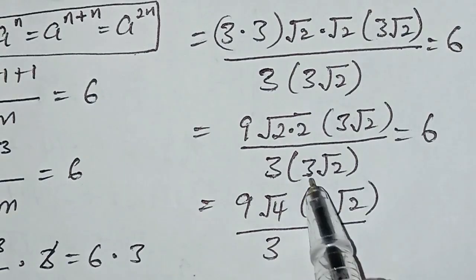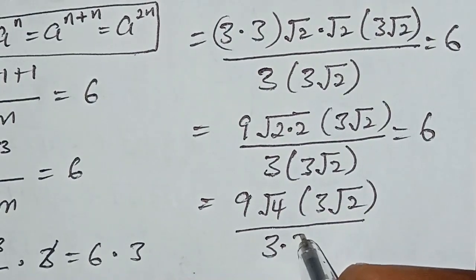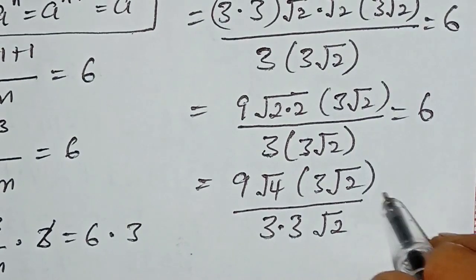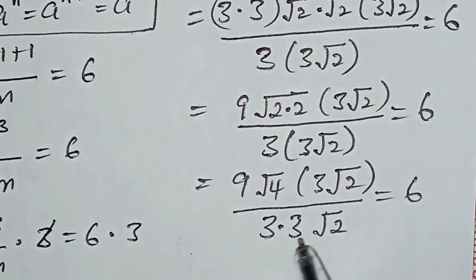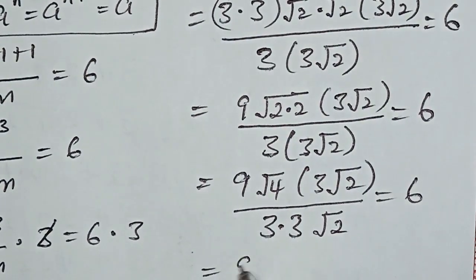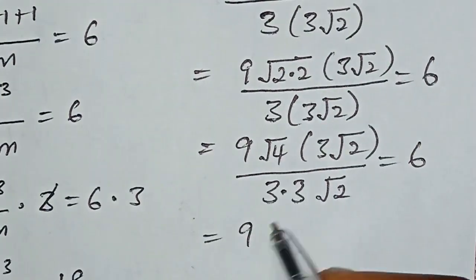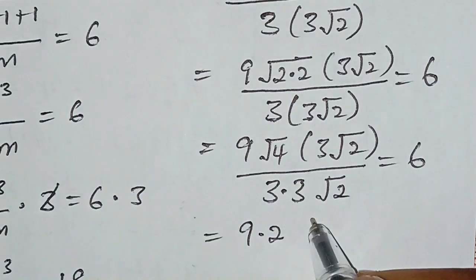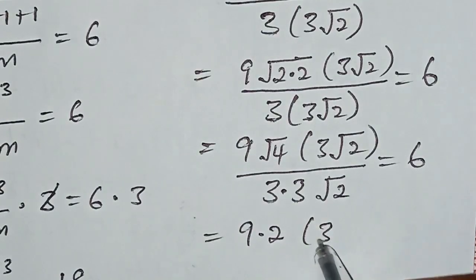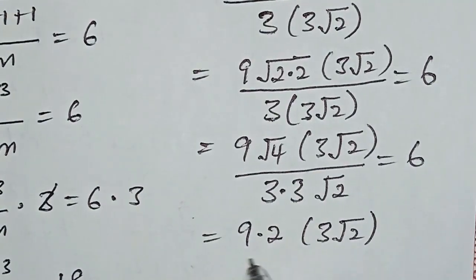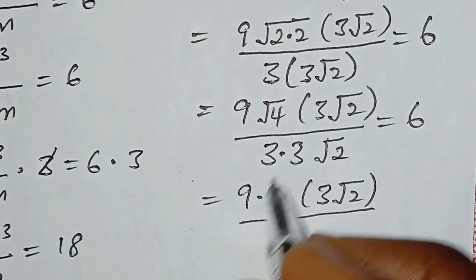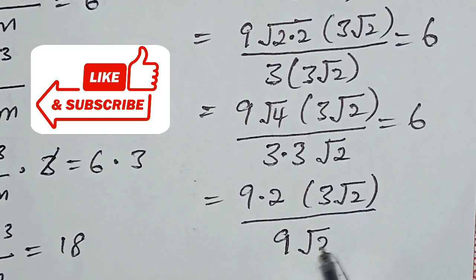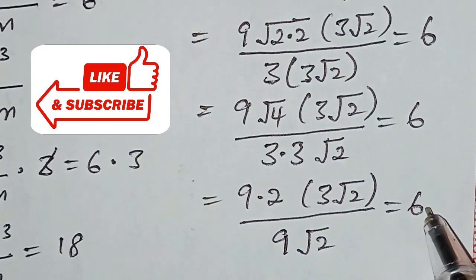We can bring this 3 out, so multiplied by 3, then we have square root 2 equal to 6, and this is equal to 9 multiplied by 2, and then into bracket 3 square root 2 all over 3 multiplied by 3, we have 9, then square root 2 equal to 6.